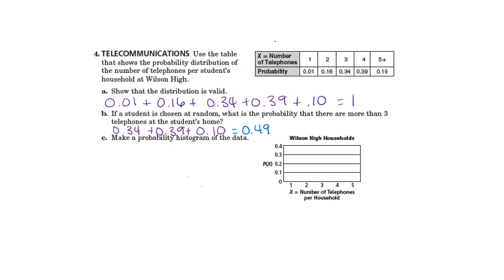Make a probability histogram of the data. All right, so for number 1, we're really small at 0.01. For 2, we're above this, so about here, a little bit more actually.